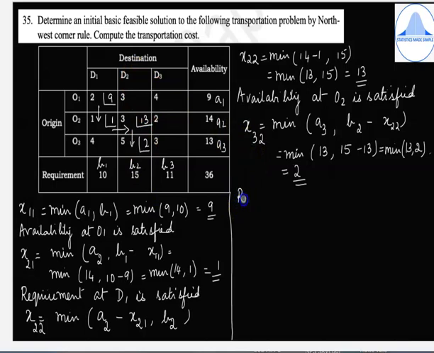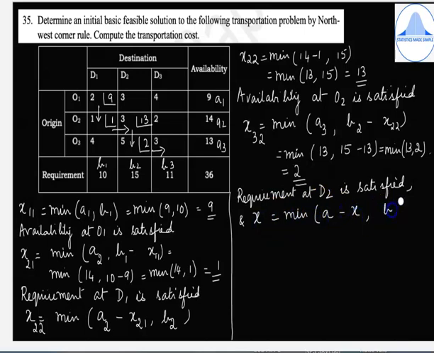So we write requirement at D2 is satisfied. So when a requirement is satisfied, we have to move to the right. So move to this cell here, that is 3, 3, and make the allocation x is equal to minimum of A minus x comma B. And this is x33 is equal to minimum of A3 minus x32, and this B will have a subscript as 3.